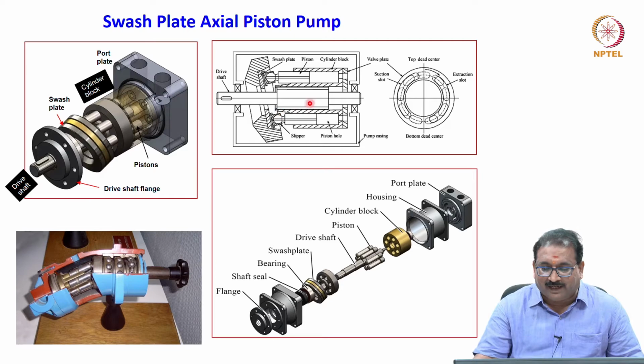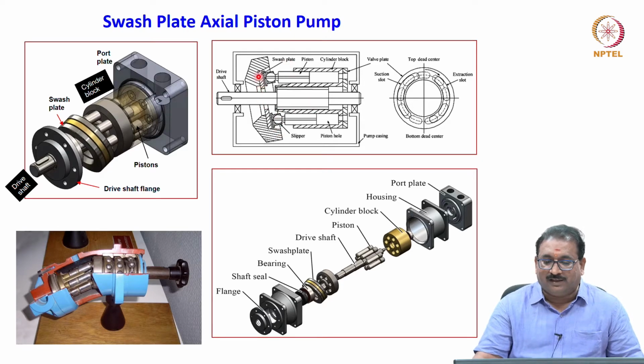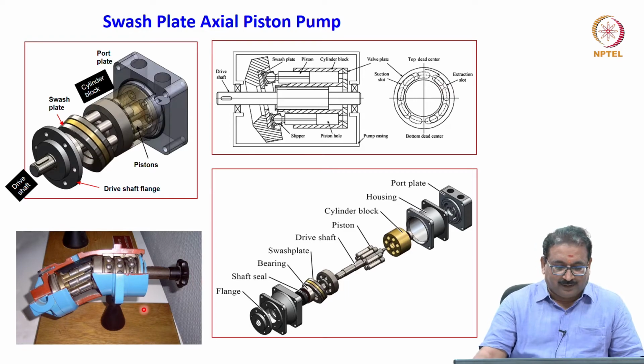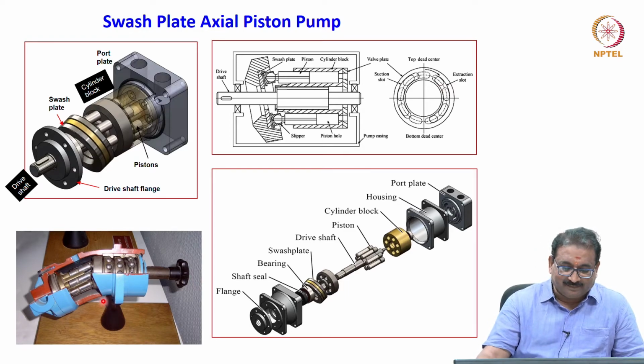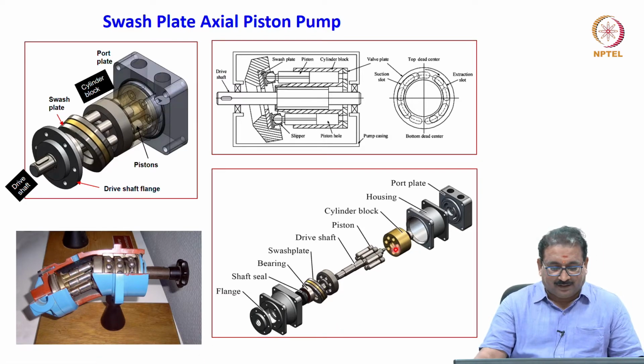Then you will see the schematic diagram here also. You will see the swash plate. Then here see the piston. Then it is the port plates. Here also you will see friends, for a better understanding, these are the pistons, and you will see here the exploded views of the parts, where the swash plate is a very important part.